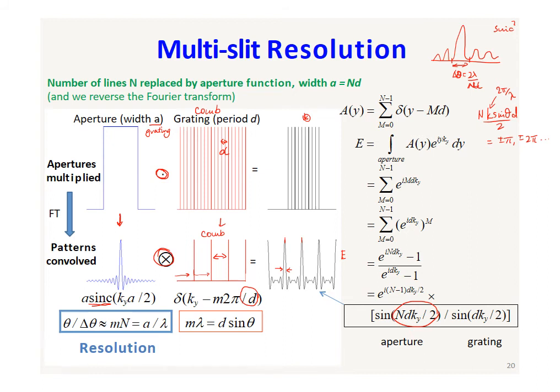We can then talk about what the resolution of this system will be. If we have another wavelength and the principal maximum occurs at a position that overlaps with the first minimum of the other wavelength, then we could say that those peaks are just resolved.